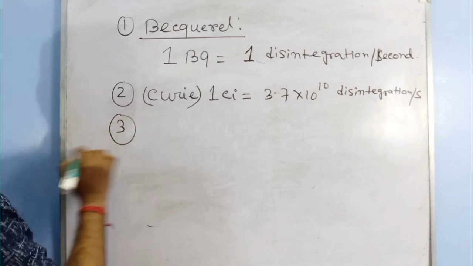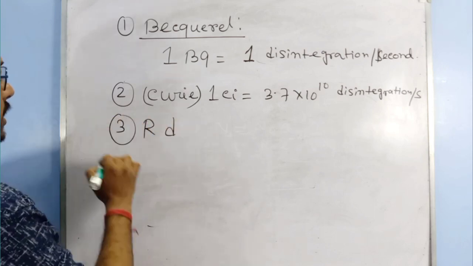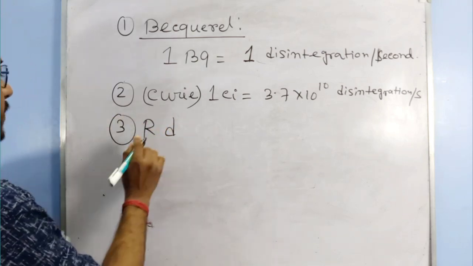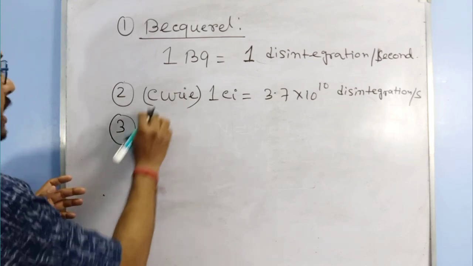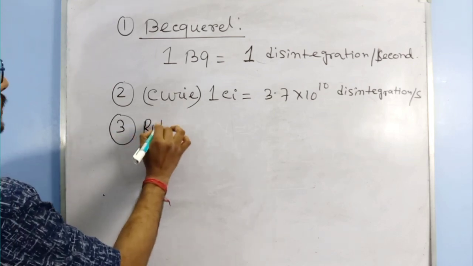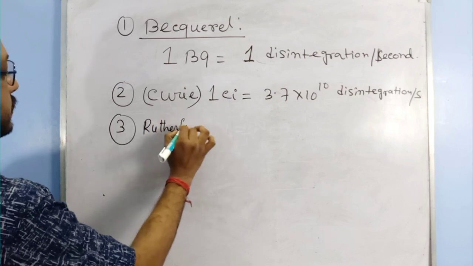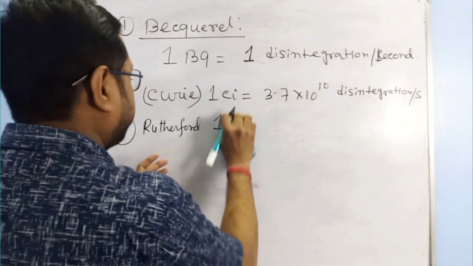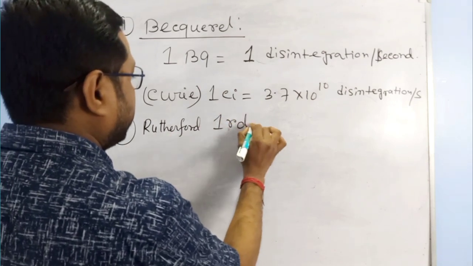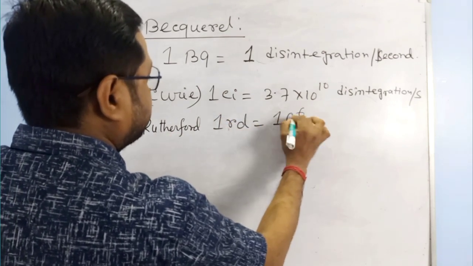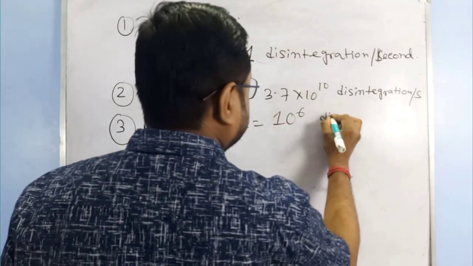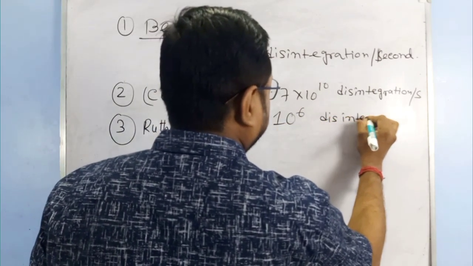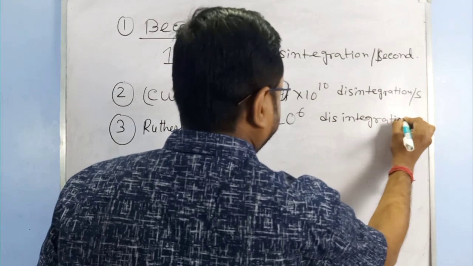Number 3 is Rutherford, written as rd. 1 rd equals 10 to the power 6 disintegrations per second.